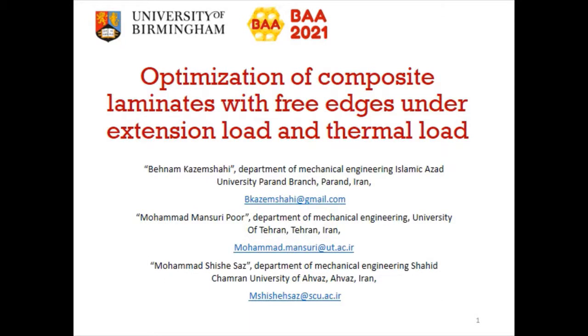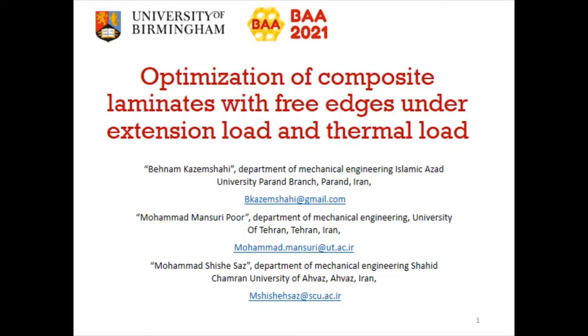Hello everyone, I'm Behnam Kazemshahi and so proud to be in the International Workshop on the B algorithm and its application, BAA 2021. Our three-member team consists of Dr. Shishe, Dr. Mansuri and Mr. Kazemshahi.